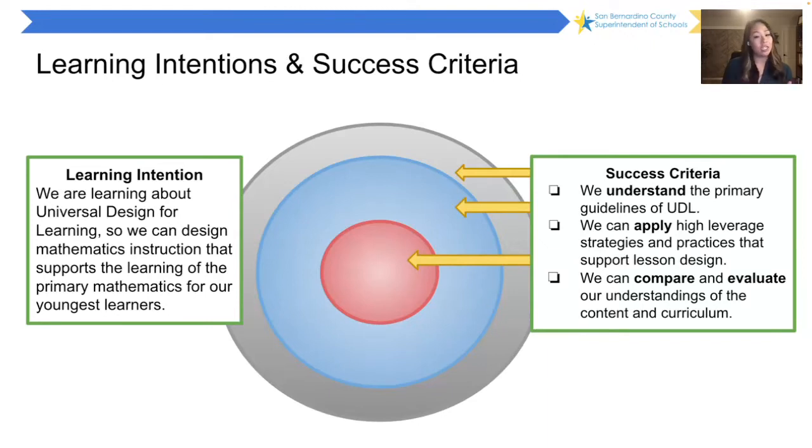And our success criteria, what we're going to be successful with by the end of this presentation, is the primary guidelines of UDL, apply some high leverage practices and strategies that can really help to support lesson design, and compare and evaluate our understandings of the content and curriculum.